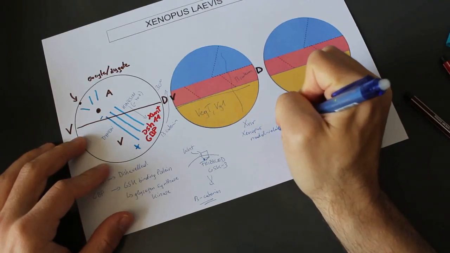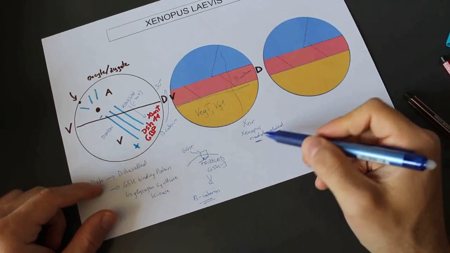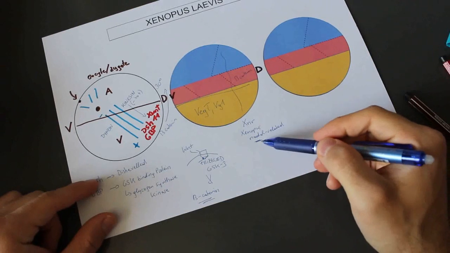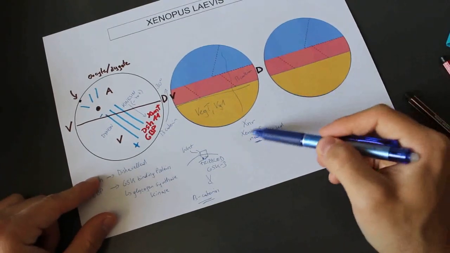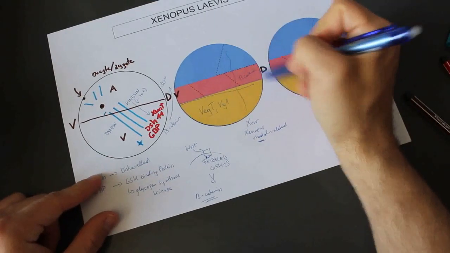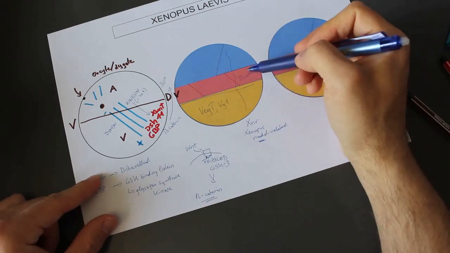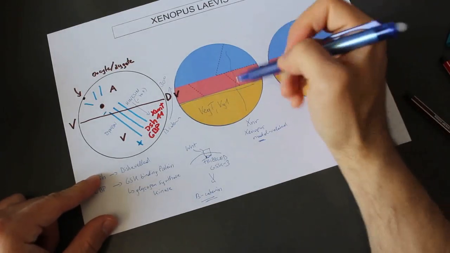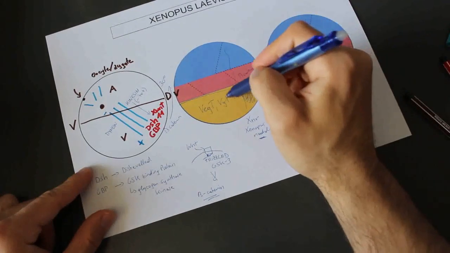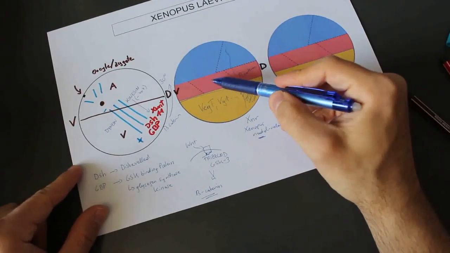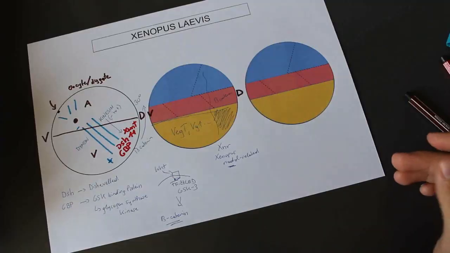Nodal is a factor important for a specific signaling pathway, so it's related to this protein, and it's a Xenopus protein. It's made if these are active. So here it's the most, obviously. Here you have a lot of it, and here you will have less. That's really important later on for determining which cells here are which kind of mesoderm.